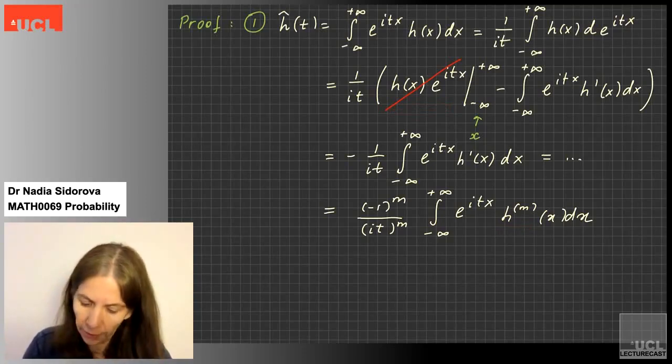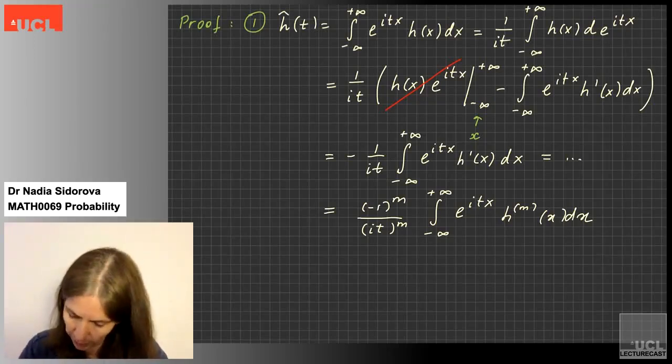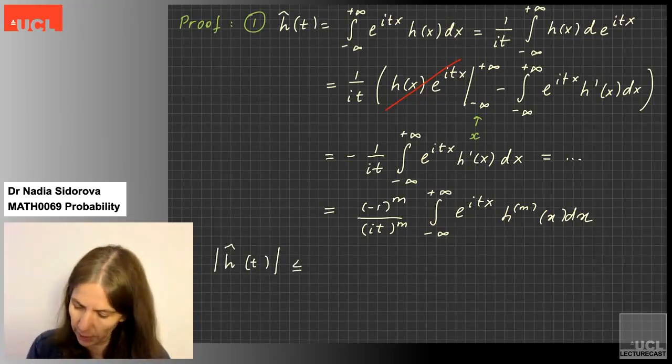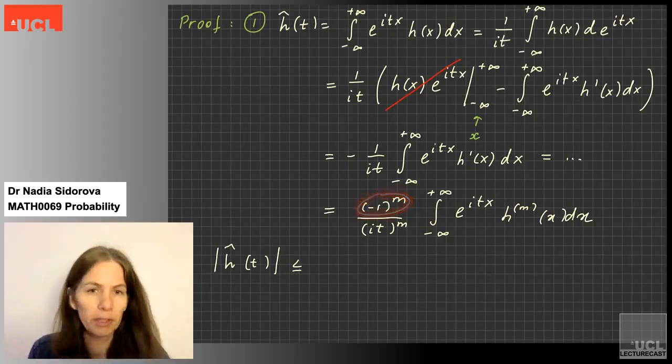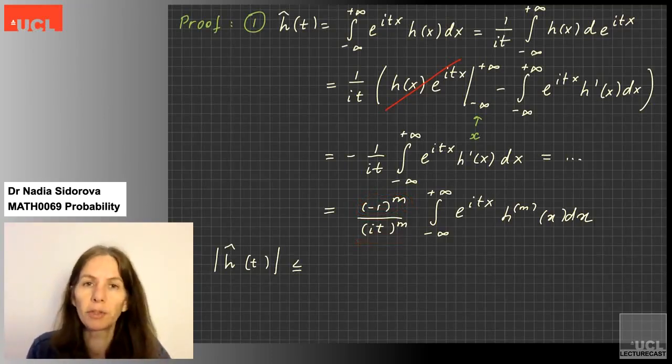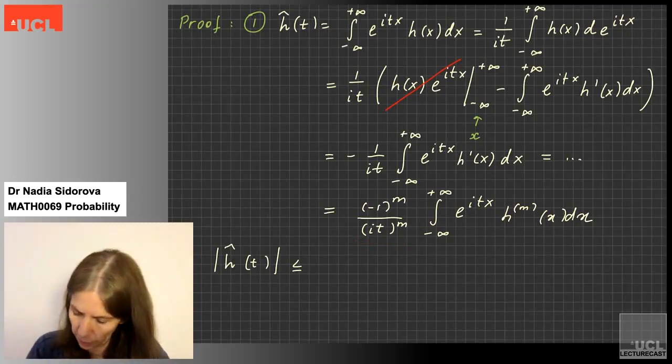So now if I want to finish my proof, I will look at the absolute value, which will allow me to get rid of this term, also of i, because the modulus of i is 1 anyway. So from all this ratio, I will have t to the power minus m.